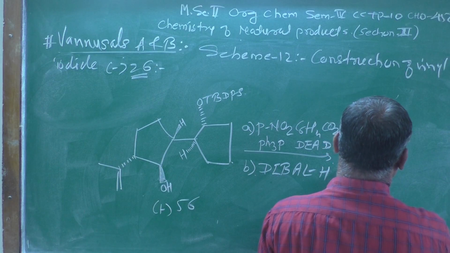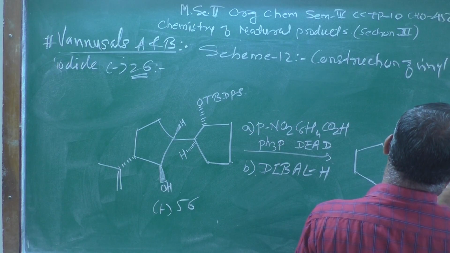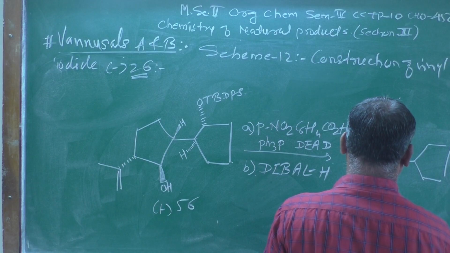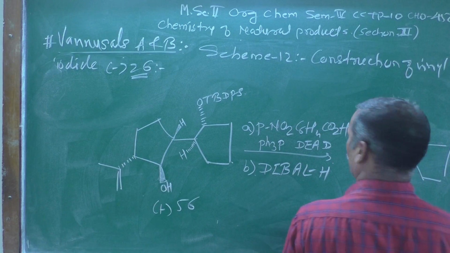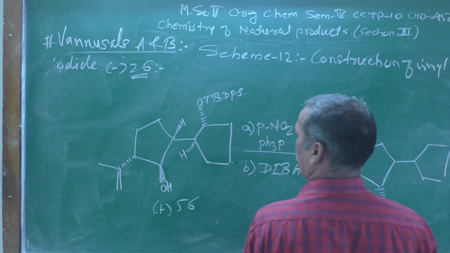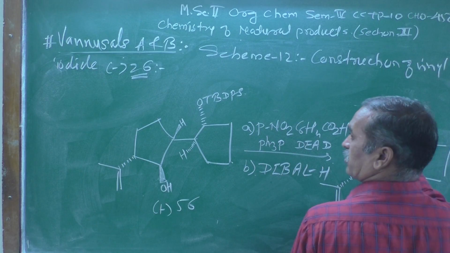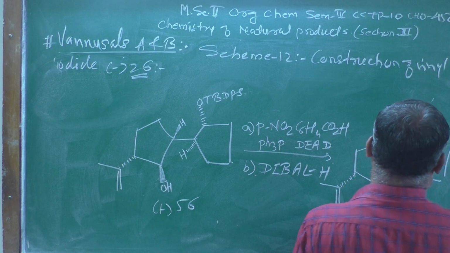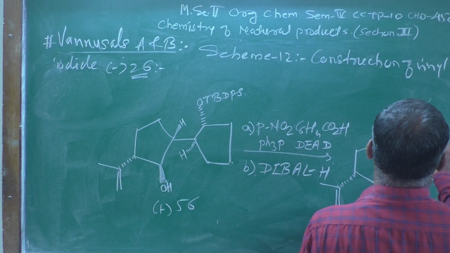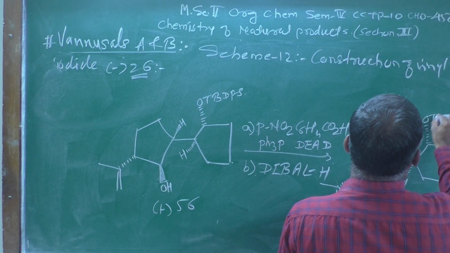So you can remember, this is the structure which I am showing over here. You can observe carefully, here the hydroxyl group should be below the plane. Now the other part of the organic compound remains as it is. There is no change at all. The hydrogen atom which is above the plane remains, the hydrogen atom which is below the plane remains, and the O-TBDPS group, tertiary butyl diphenylsilyl, remains as it is.